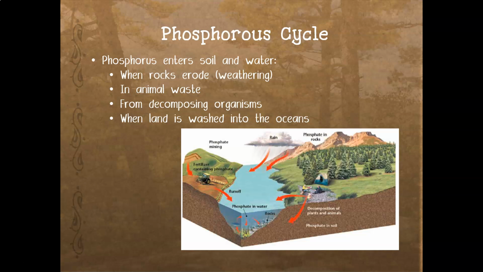Wind can also do the same thing. We'll also see that a lot of phosphorus ends up entering soils via animal waste, so urine and feces. It can also enter from decomposing organisms, and when that land gets washed by weather patterns, rain patterns, snow melt, eventually that phosphorus gets washed into major aquatic ecosystems and ultimately out into the oceans.